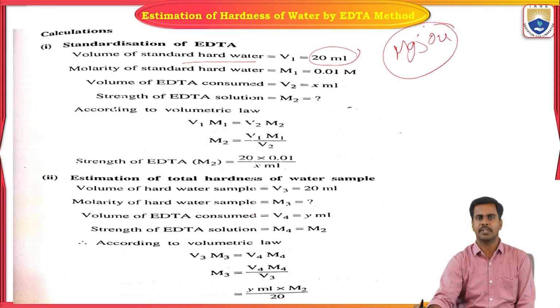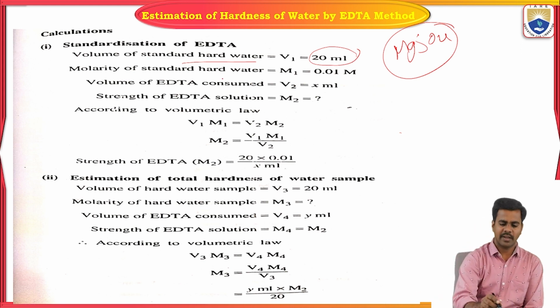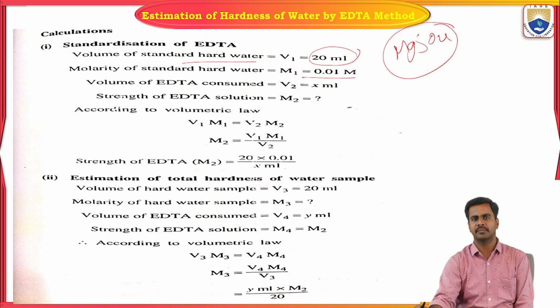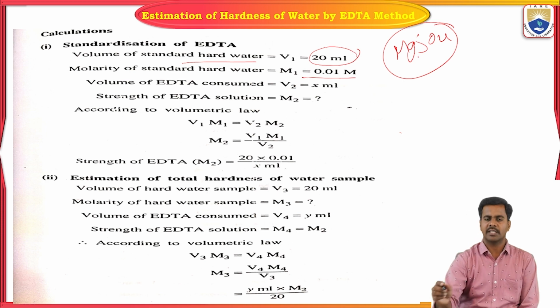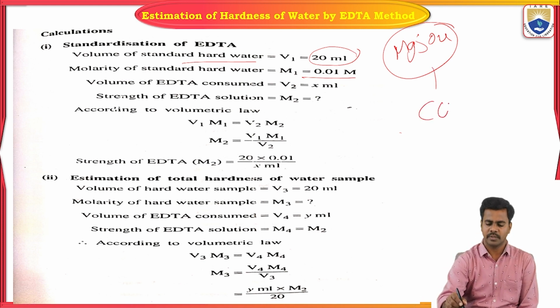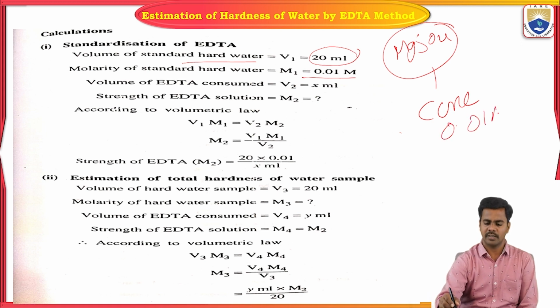So 20 ml of MgSO4 solution is taken into the conical flask. So the volume of standard hard water is 20 ml. The molarity of standard hard water is 0.01. That means the magnesium sulfate solution we have prepared is 0.01 molarity. So the concentration of MgSO4 solution is 0.01 moles.